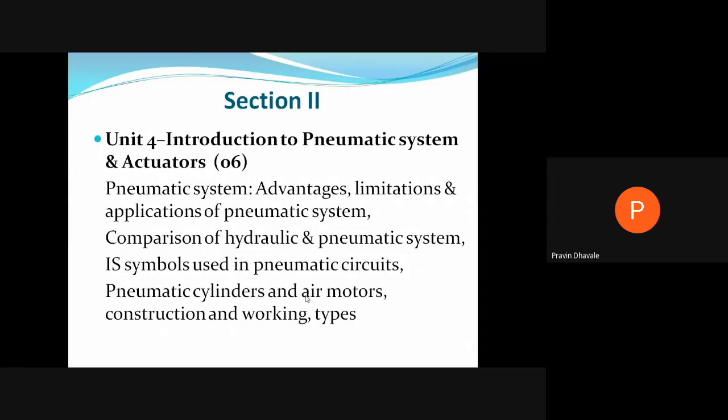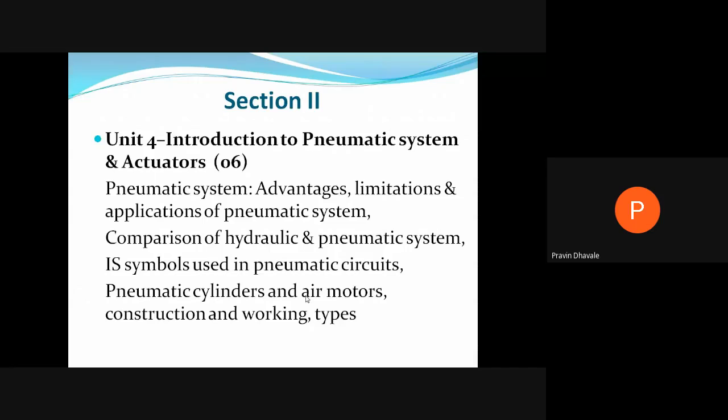Second, the difference regarding the pressure range: we can work the hydraulic system up to 500 to 700 bar, but the pneumatic system is applicable up to near about 9 bar pressure. So that is the main difference of working pressure in hydraulics and pneumatics.